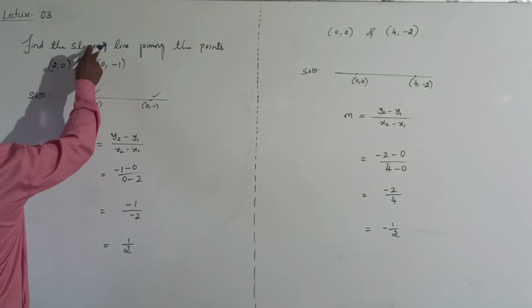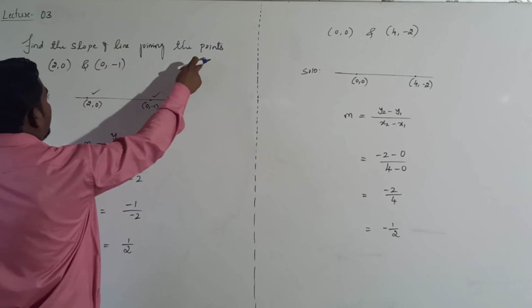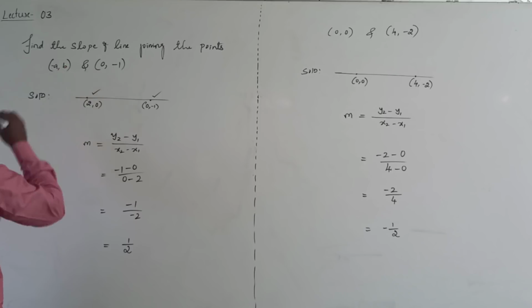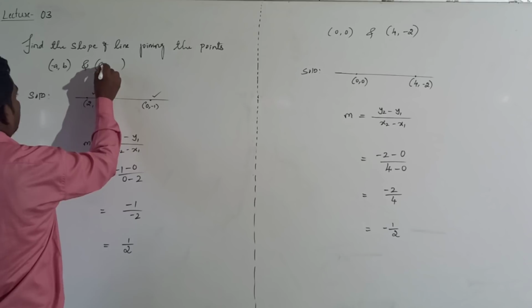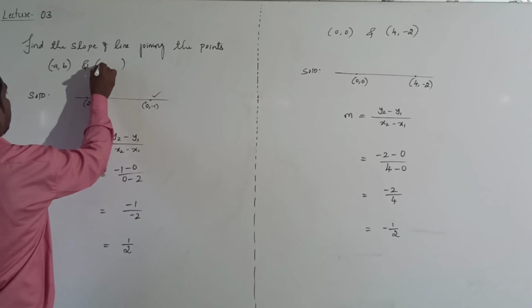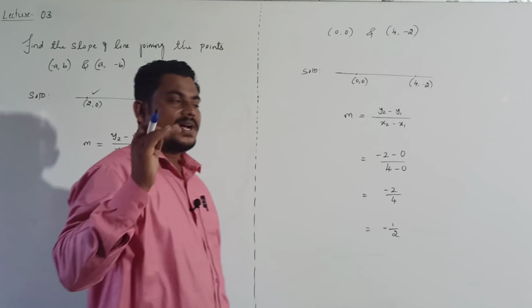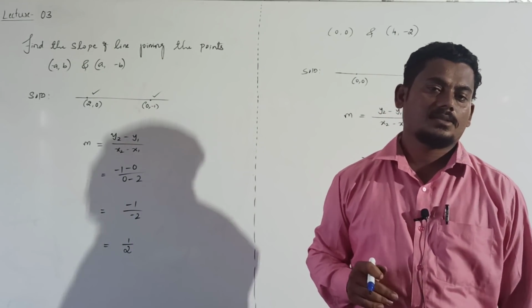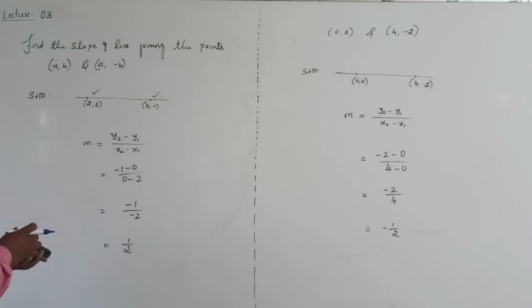Next, find the slope of the line joining the points minus a comma b and a comma minus b. Our required line passes through these 2 points, right?